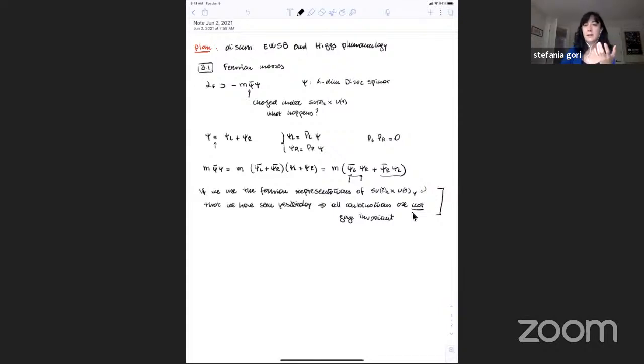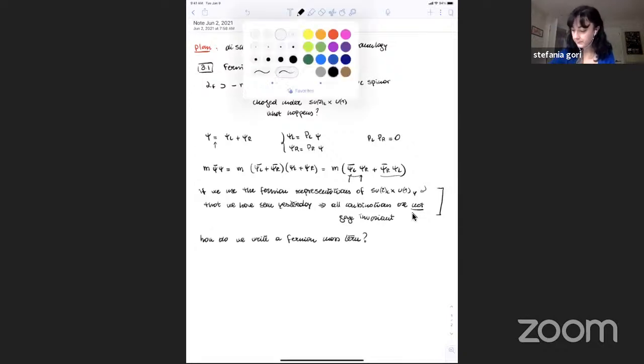But then the question is, we know experimentally that the fermions of the standard model do have a mass. Some of them are indeed very massive. And then the question is, how do we write a fermion mass term?